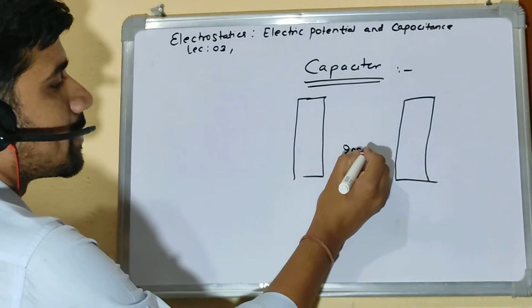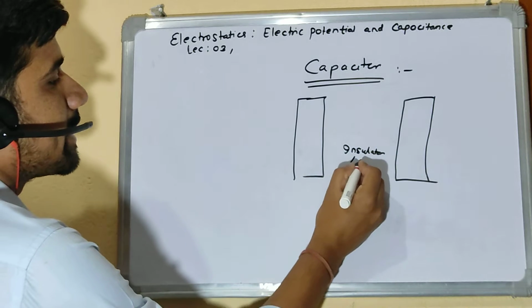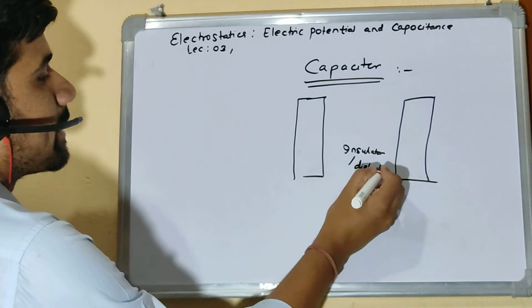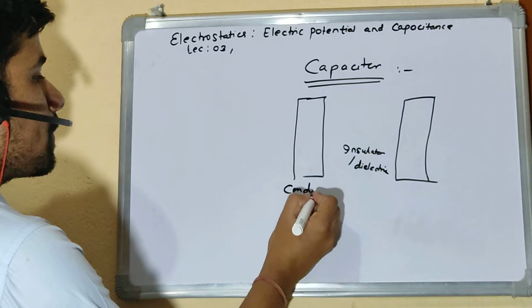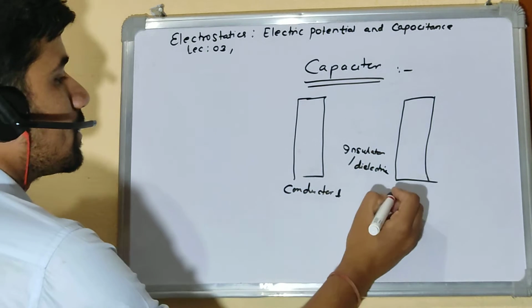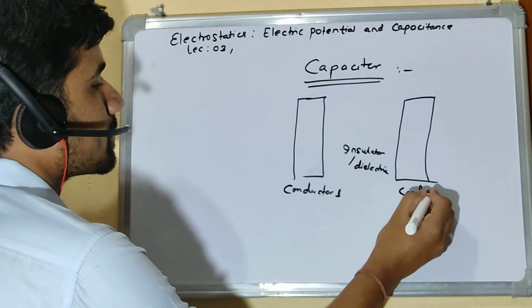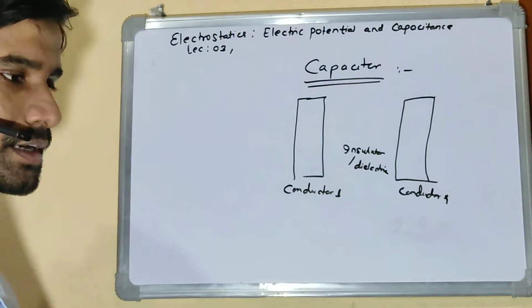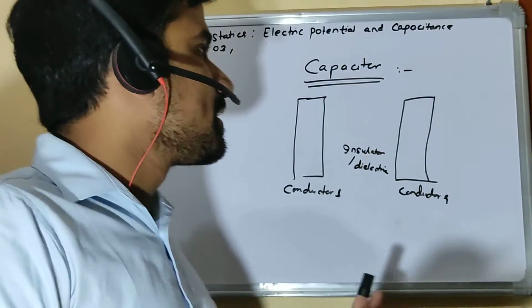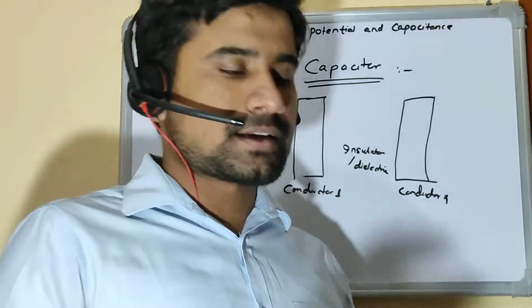This insulator is also called a dielectric. Let's say this is conductor 1 and this is conductor 2. When a system is placed like this, the system is called a capacitor.